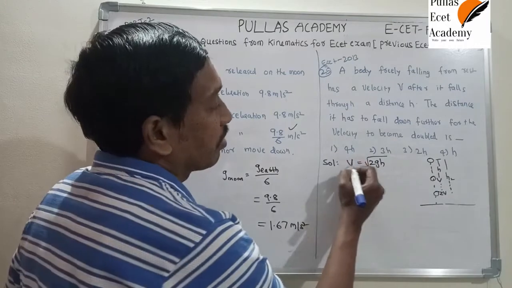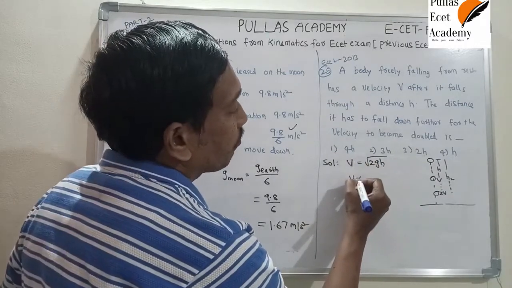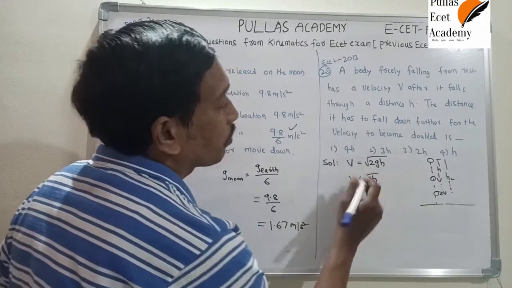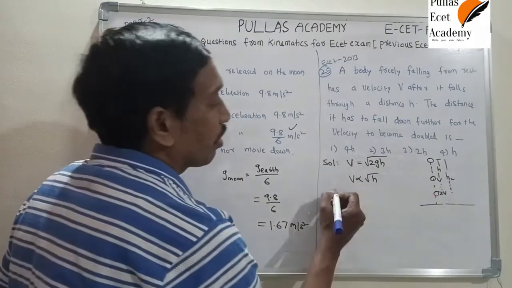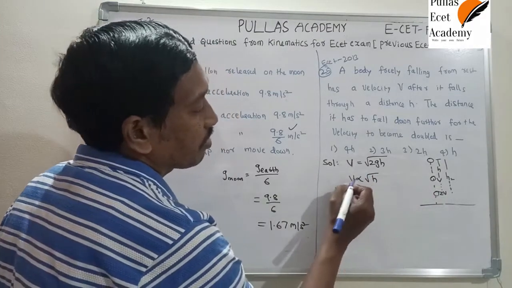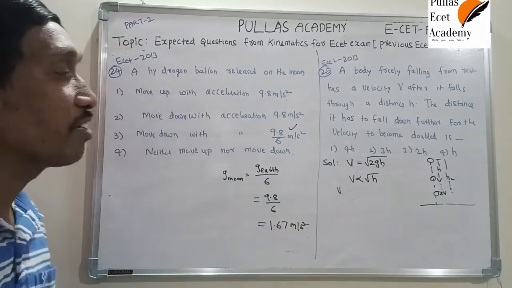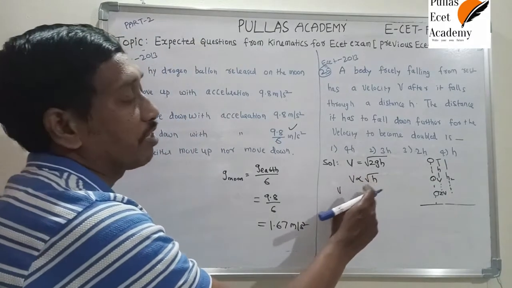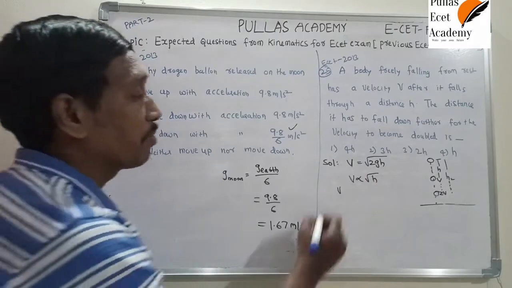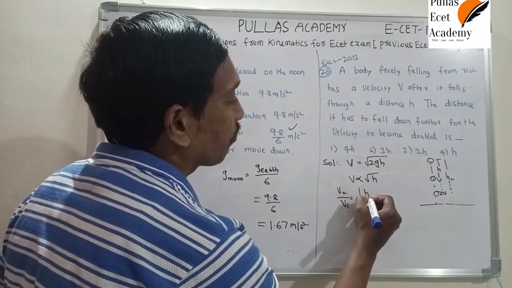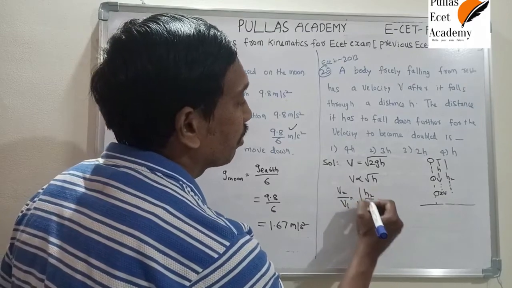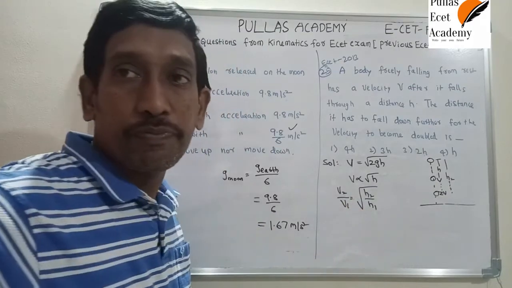Already I explained this. Here g is constant, that means v is directly proportional to root h. From this expression, the ratio of velocities is equal to the ratio of square roots of heights. That means v2 by v1 is equal to under root of h2 by h1.